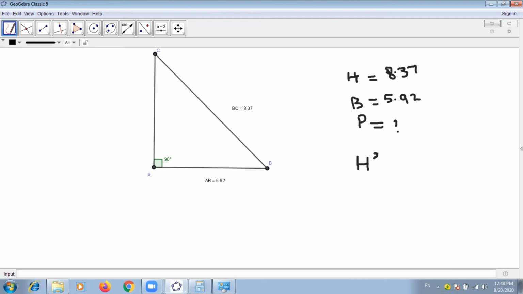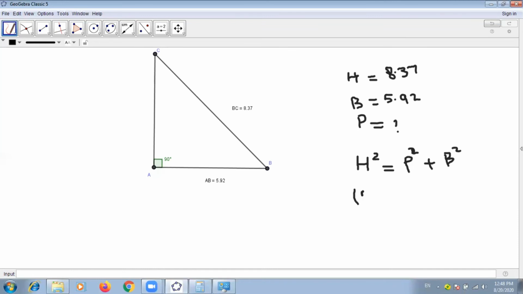Now, according to the Pythagoras theorem, which we already proved, hypotenuse square equals perpendicular square plus base square. Now we place the values to find the value of P, that is perpendicular.